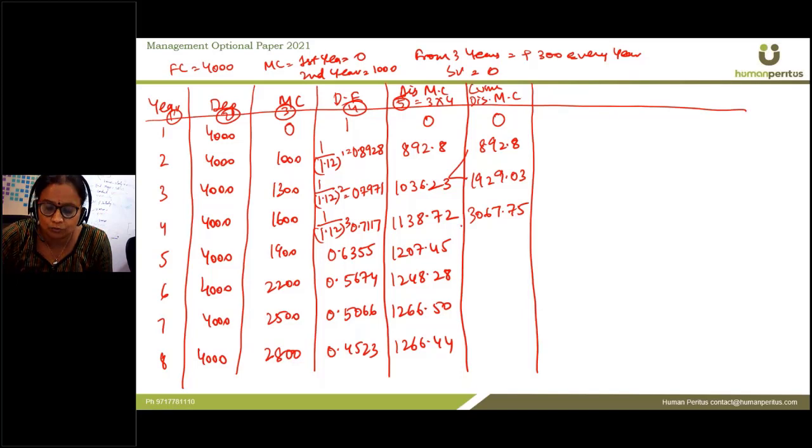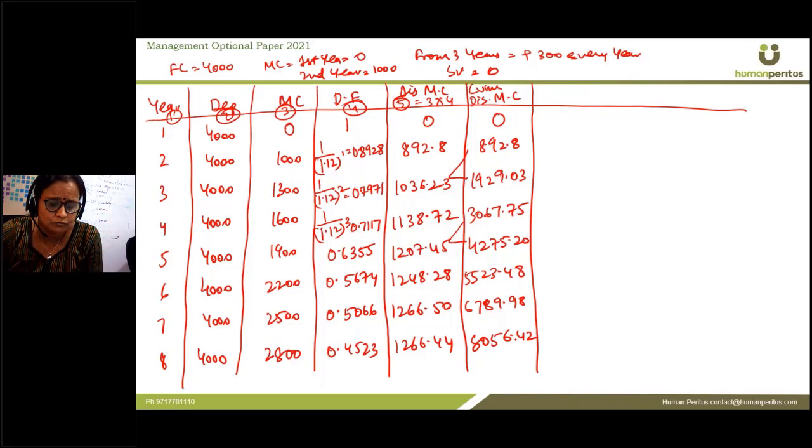This added to 1207.45 will give me 4275.20. The next value would come out to be 5523.48. The next value would be 6789.98 and 8056.42.